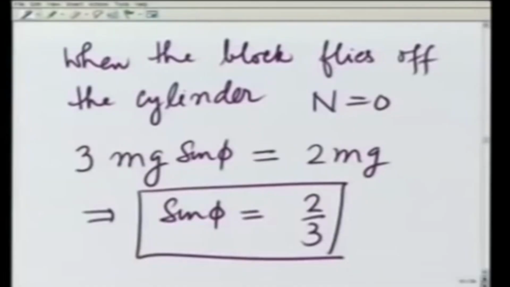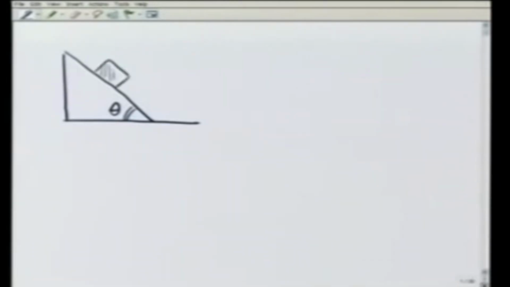Next, I am going to solve a problem that involves two particles and constraints on their motion due to their contact. In our next example, we take two bodies that are in contact and apply constraint on their motions because of that. For that, I am taking a wedge with an angle theta here, and there is a block that slides on it.